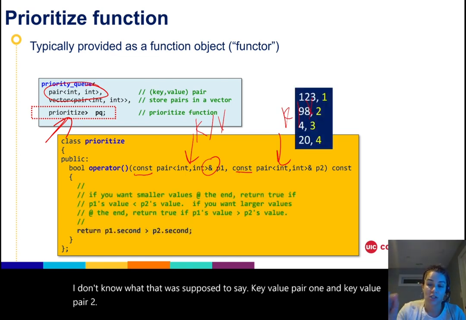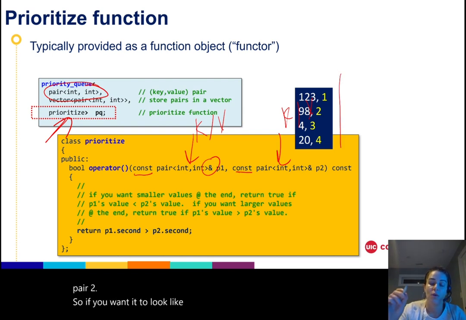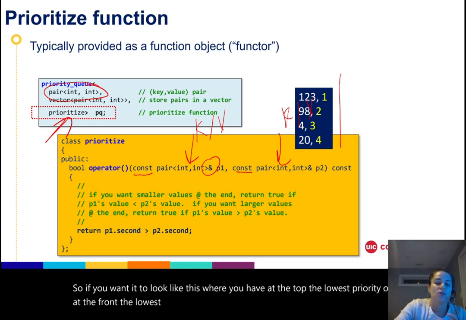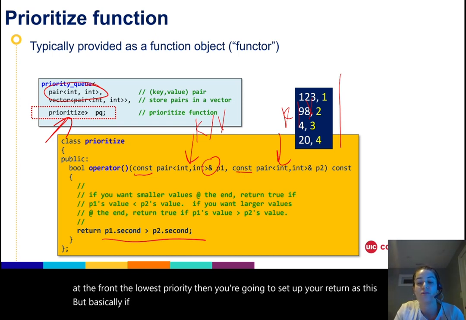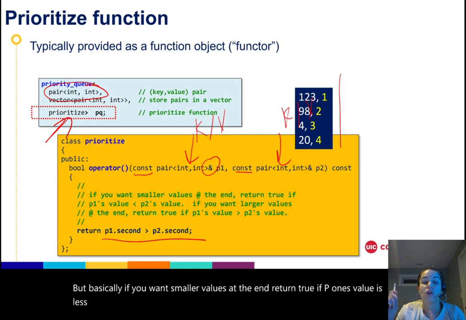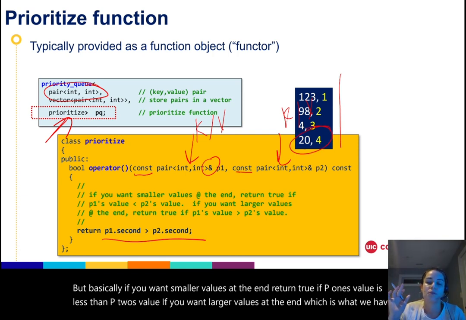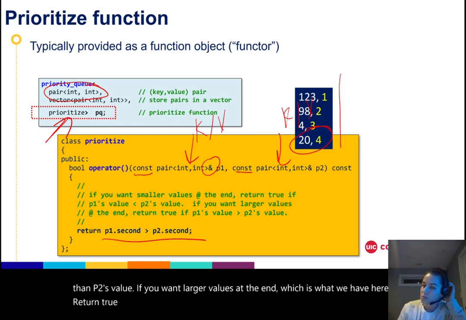So if you want it to look like this, where you have at the front the lowest priority, then you're going to set up your return as this. But basically, if you want smaller values at the end, return true if P1's value is less than P2's value. If you want larger values at the end, which is what we have here, return true if P1's value is greater than P2's value.